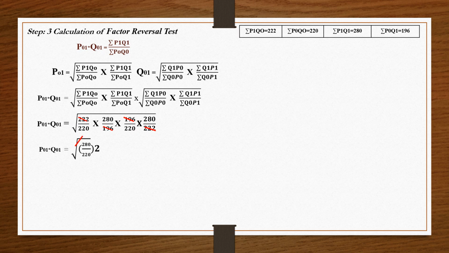So the answer is P01 into Q01 is equal to 280 divided by 220.